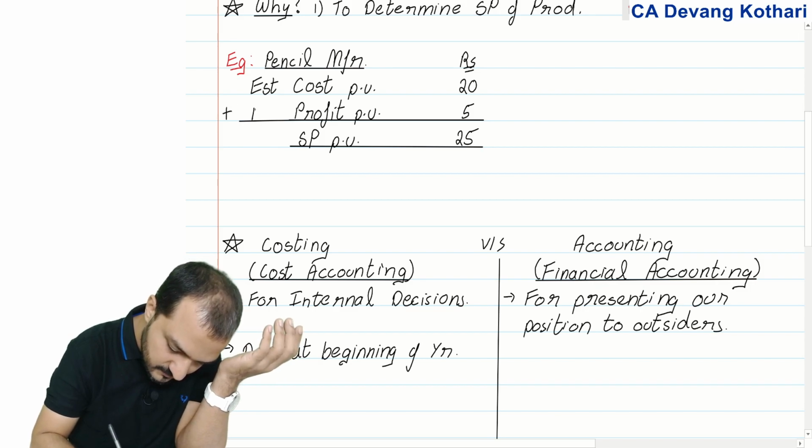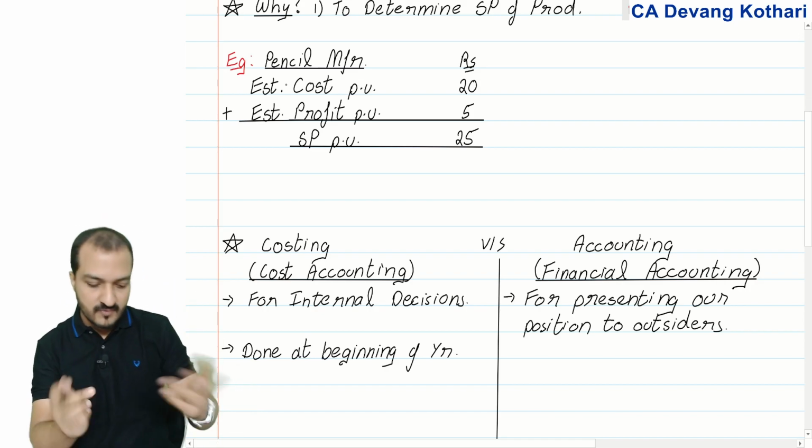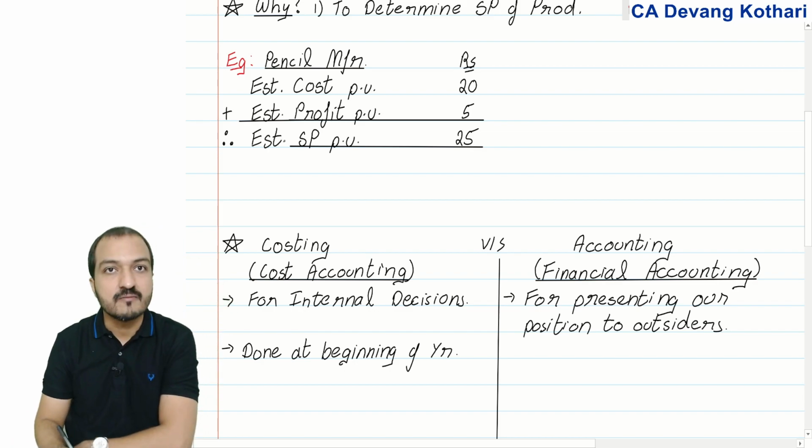plus estimated profit or target profit that you want will give you your estimated selling price, right?